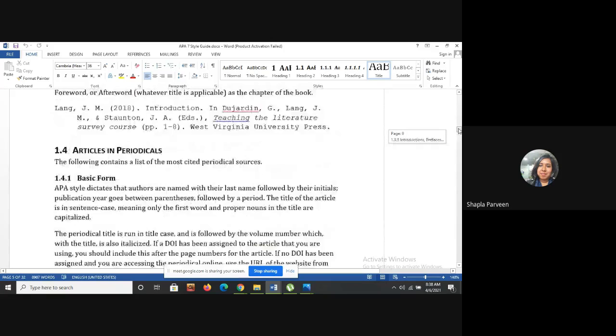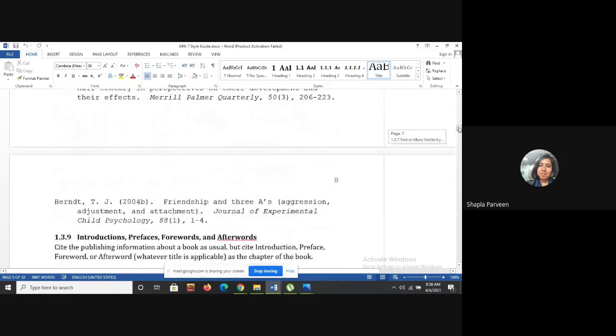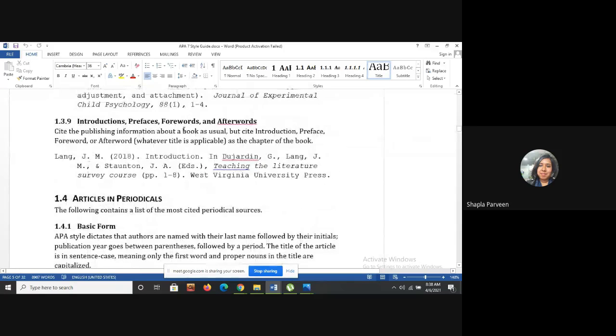Okay, so 3.9. So here you can see introduction, prefaces, forewords, afterwords. So it follows this rule.